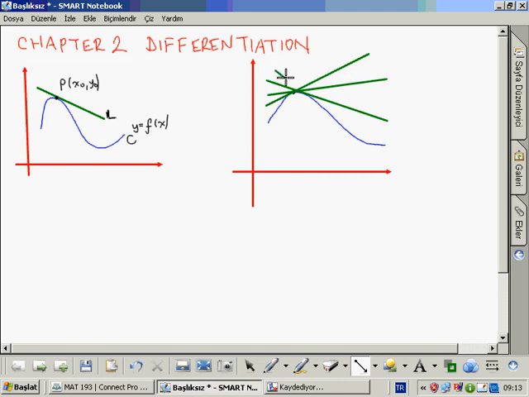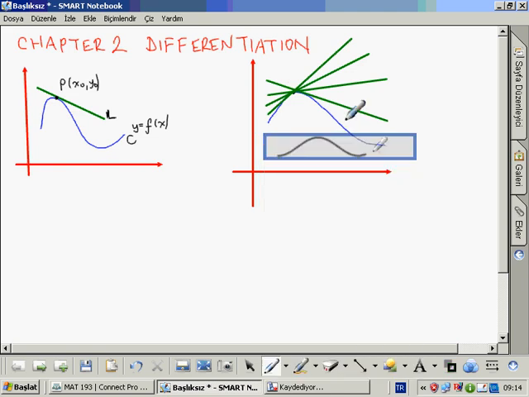As you see, you can draw lots of L lines, and all of them can be L lines. This is P and this is C.